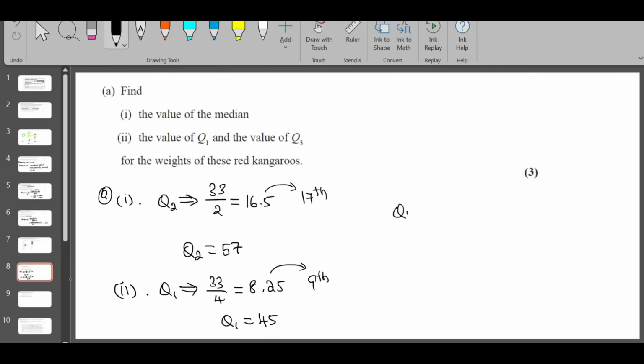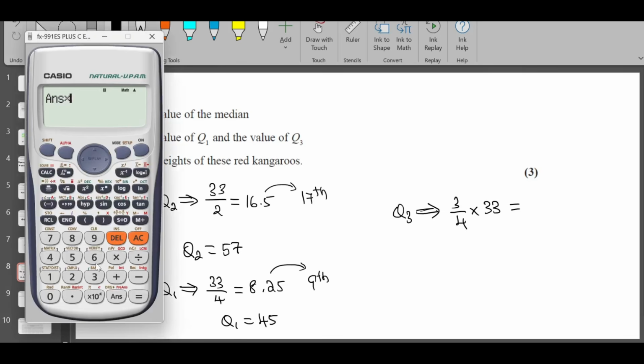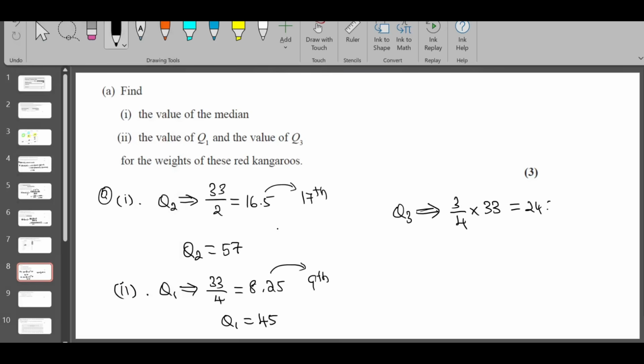To find the upper quartile Q3, you need to find 3/4 of 33, because that's the 75th percentile, right? So it's basically times this by 3. 24.75. So you need to take the 25th entry. Whenever you get a decimal number, you take the next entry. What if you don't get a decimal number, you get a whole number like 24? Then you need to take that particular entry, the 24th entry plus the next entry, divided by 2.